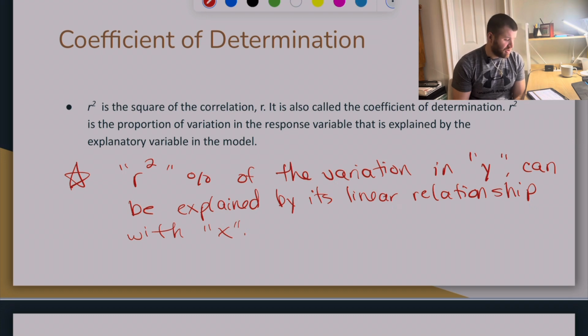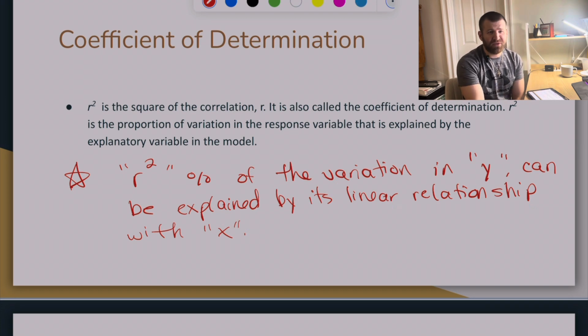You fill in the R squared, you fill in the Y, and you fill in the X. Guaranteed credit. And if it's a multiple choice question, you're looking for the answer that most closely matches this. Sometimes you'll see proportion, sometimes you'll see percentage. It all depends, but in a multiple choice question, you're looking for the closest to that wording. In an FRQ, you're just saying that sentence outright.